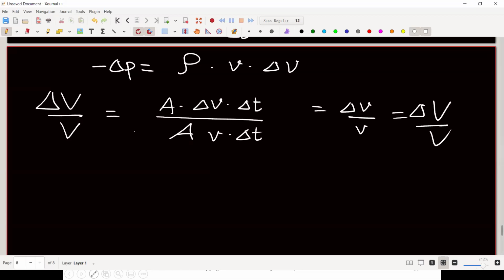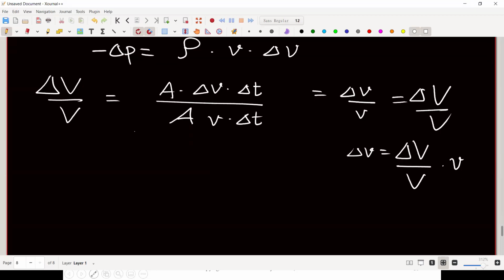Okay, I mean the capital V is volume, but this one is velocity or speed. So delta v becomes delta volume divided by volume times v. So this equation becomes minus delta P equal to rho v delta v.